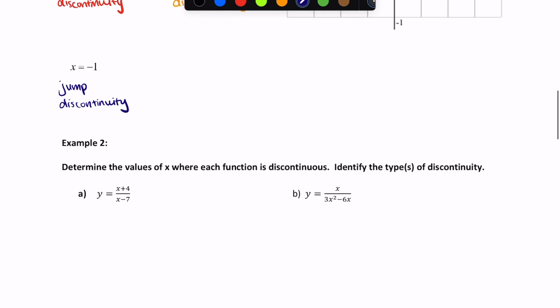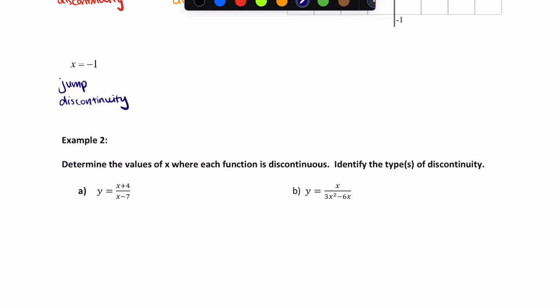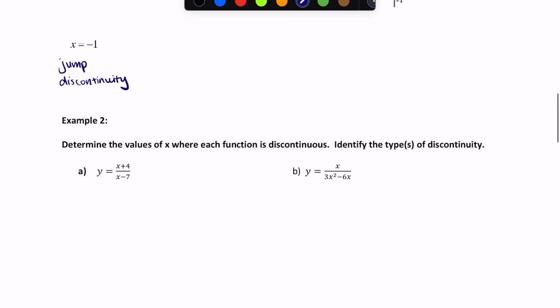Here it says determine the values of x where each function is discontinuous, and identify the types of discontinuity. So here we see that y is equal to x plus 4 over x minus 7. So here we understand that there's going to be a vertical asymptote at x is equal to 7, which means that there is going to be an infinite discontinuity at x is equal to 7.